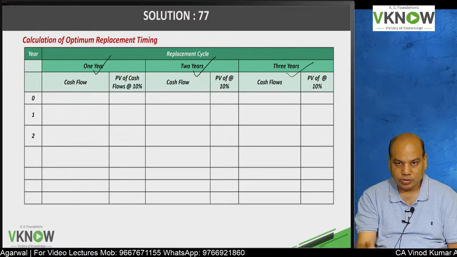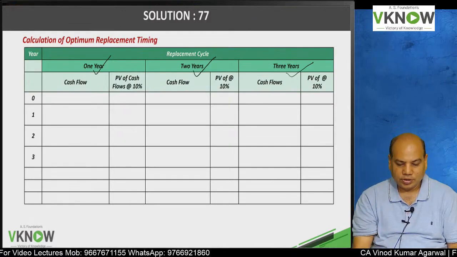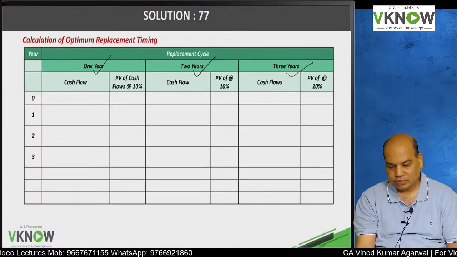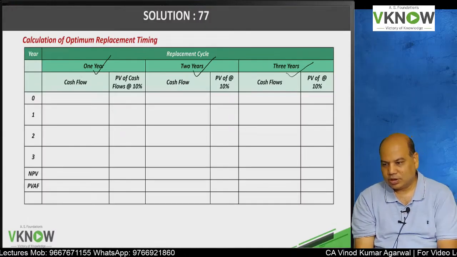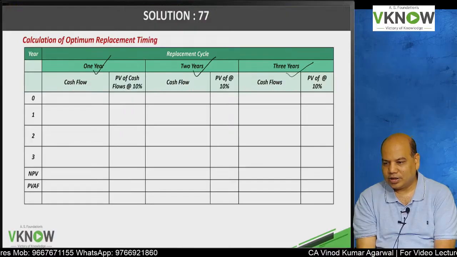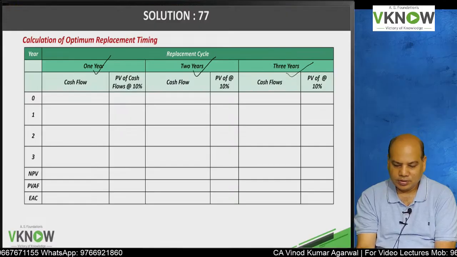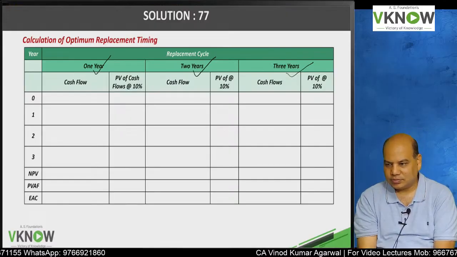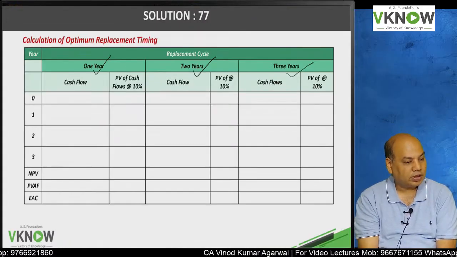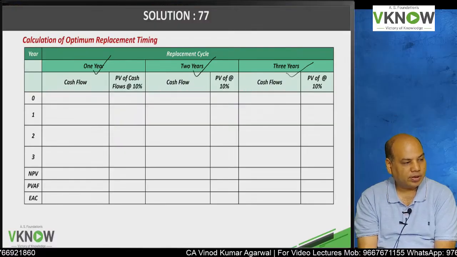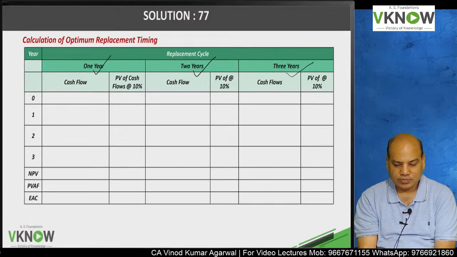Right, year 0, 1 line blank, year 1, 1 line blank, year 2, 1 line blank, year 3, 1 line blank, then write NPV, then PV annuity factor, and then EAC. So this will be my format. We did this in the previous problem also, but by making separate tables. This time I am not preparing separate tables.